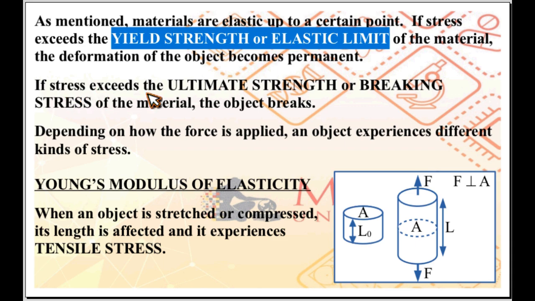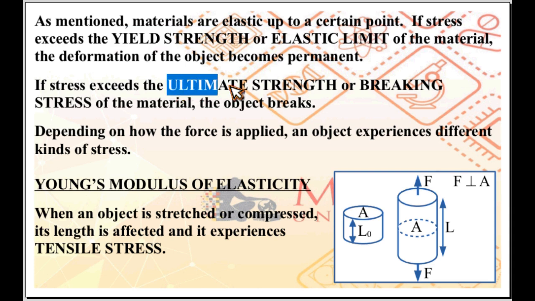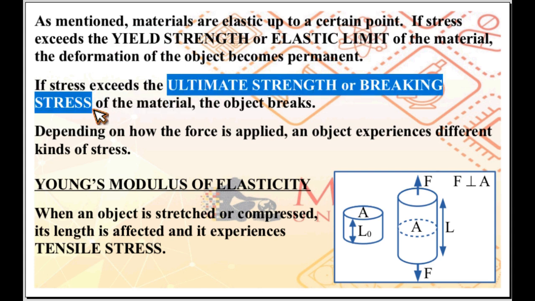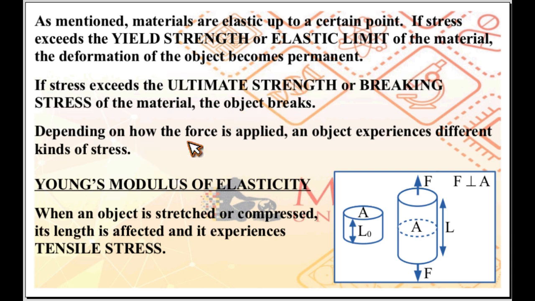And if stress exceeds the ultimate strength or breaking stress of the material, it rips the object, it breaks. Depending on how the force is applied, an object will experience different kinds of stress. Depending on how the force is applied on the area upon which it is spread out.